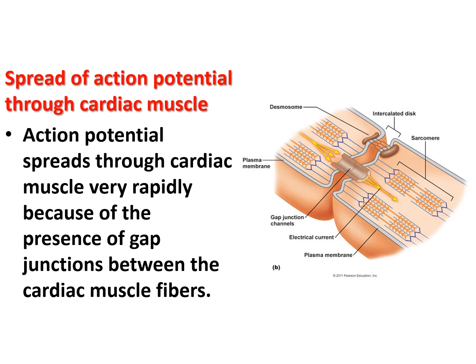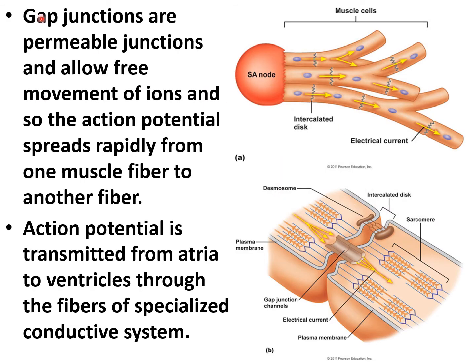Gap junctions are permeable junctions and allow the free movement of ions, so the action potential spreads rapidly from one muscle fiber to another. The action potential is transmitted from atria to ventricles through the fibers of the specialized conductive system.